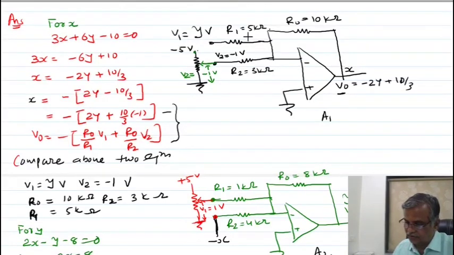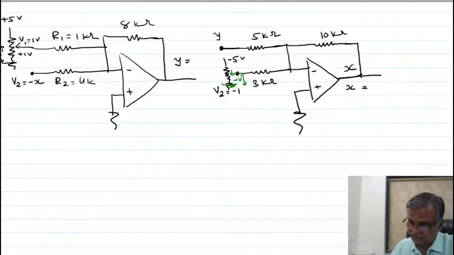This Y, 5K, 3K, 10K, minus 1, Y is required. Both of these you have obtained here.